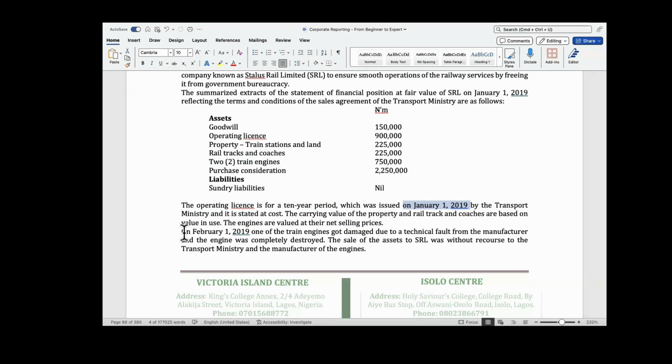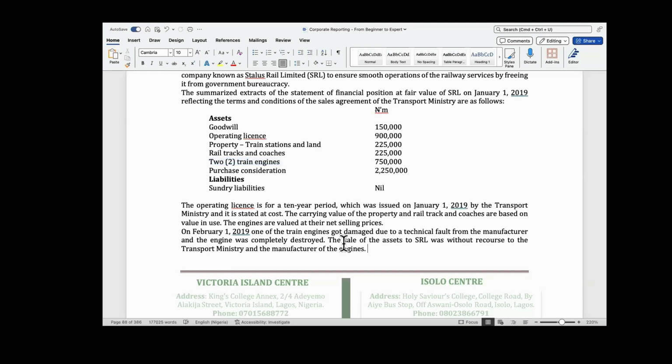Okay, let's go to the next paragraph. Then it says on February 1st, 2019, that's another month entirely, one of the train engines got damaged. Wow, damaged, due to a technical fault from the manufacturer, and the engine was completely destroyed. We know that they have two train engines, so only one got damaged, no problem. Then it says the sale of the asset to SRL was without recourse to the Transport Ministry.